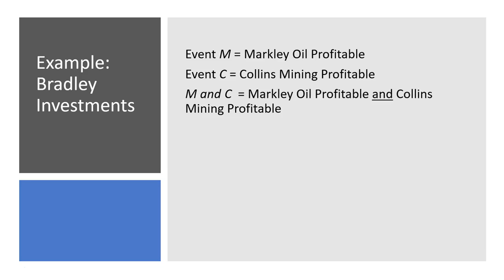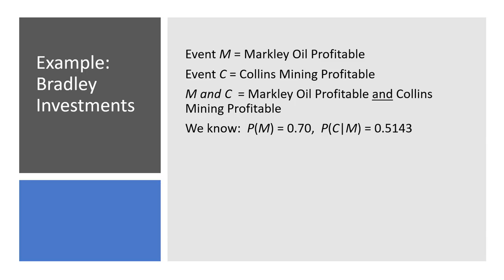Let's look at this from the perspective of our Bradley Investments example. Remember, the multiplication rule uses our conditional probability value and what we'll learn later is called the marginal probability value to find our joint probability of both Markley Oil being profitable and Collins Mining being profitable. When we first started talking about probability, we calculated that Markley Oil had a 0.7 probability of being profitable.